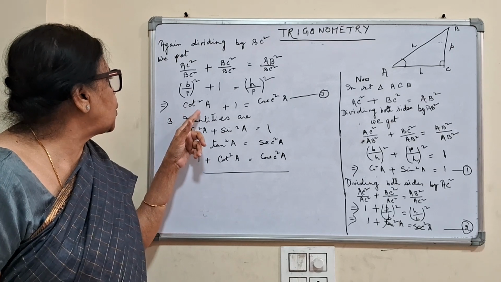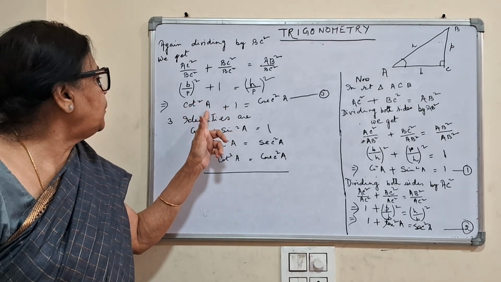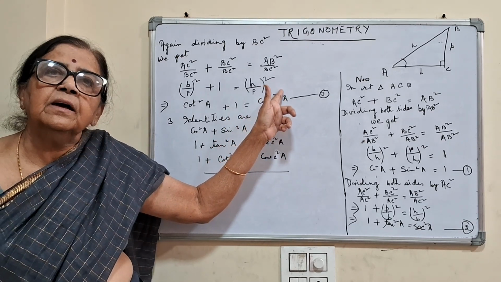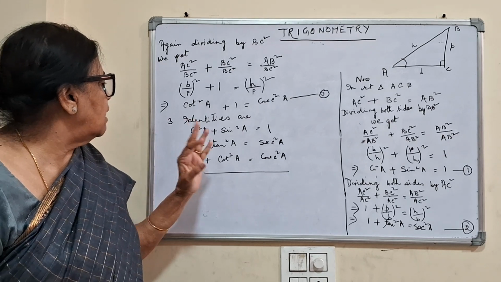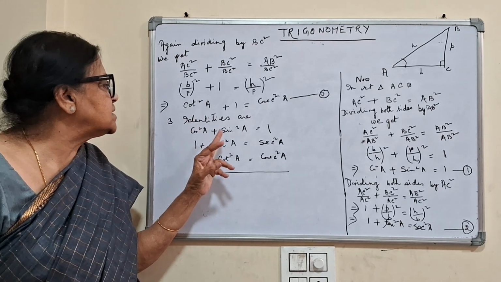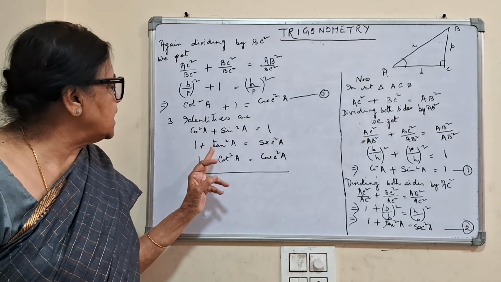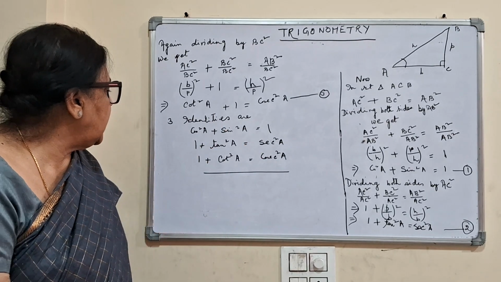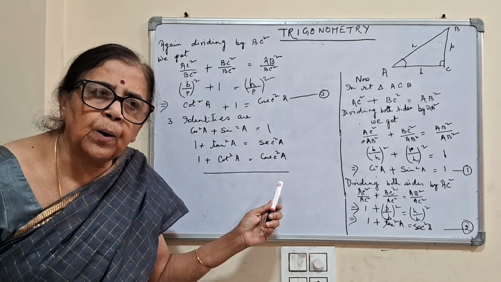This is cot square A plus 1 is equal to cosec square A. This is the third identity. And the three identities are cos square A plus sin square A is equal to 1, 1 plus tan square A is equal to sec square A, and 1 plus cot square A is equal to cosec square A.